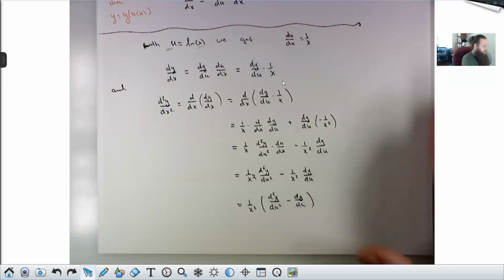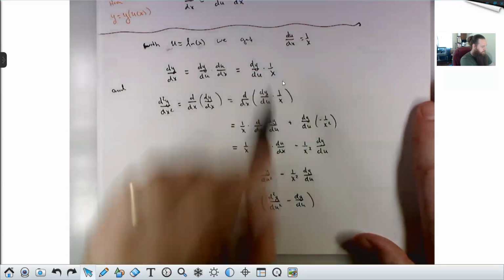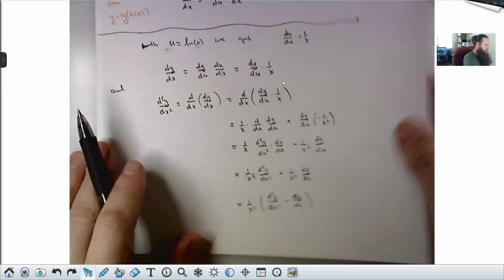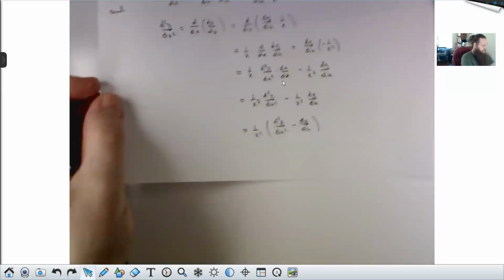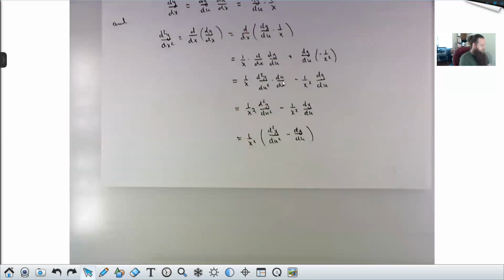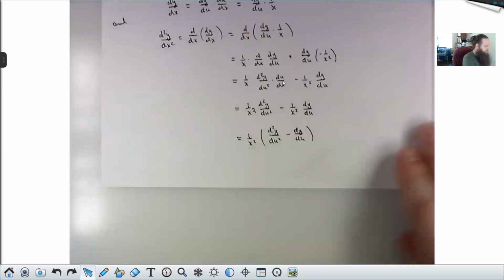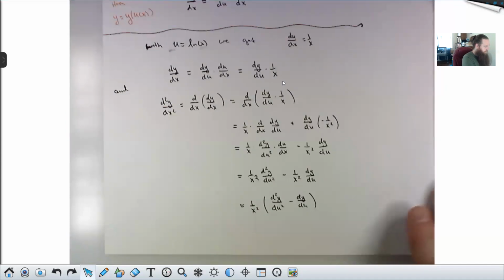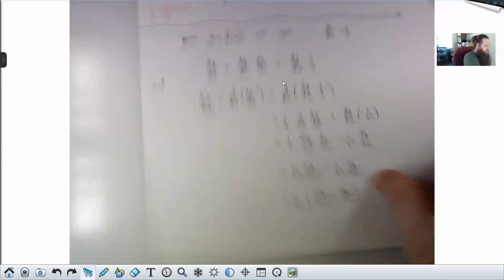So if I take these two and I plug them into my Cauchy-Euler equation, let's copy the Cauchy-Euler equation.